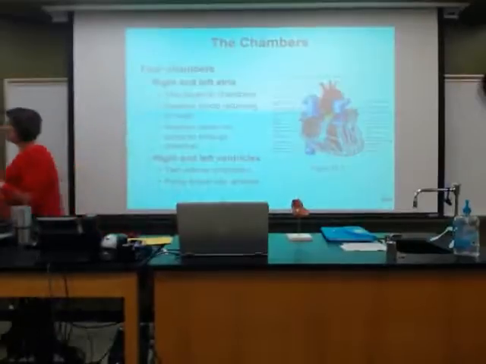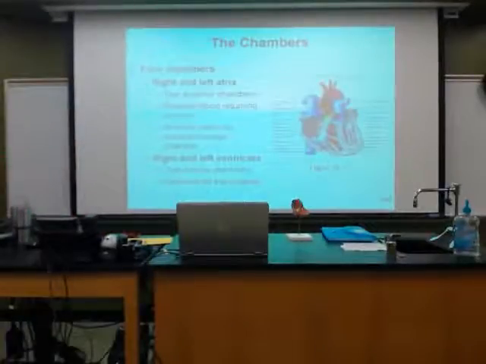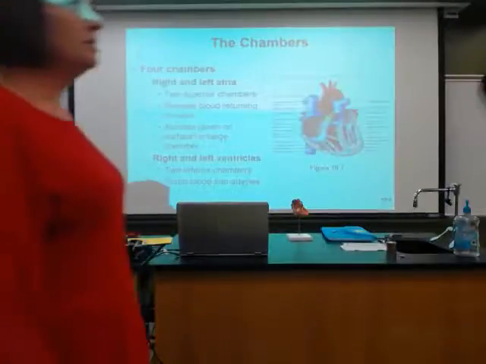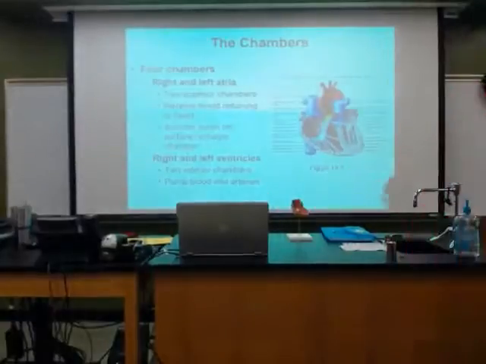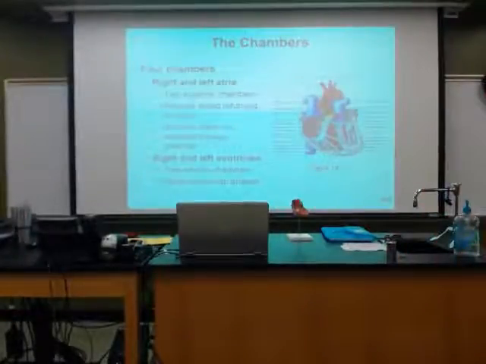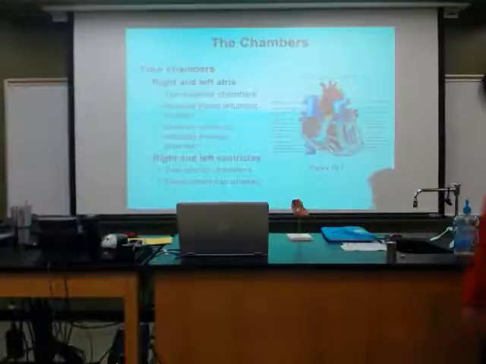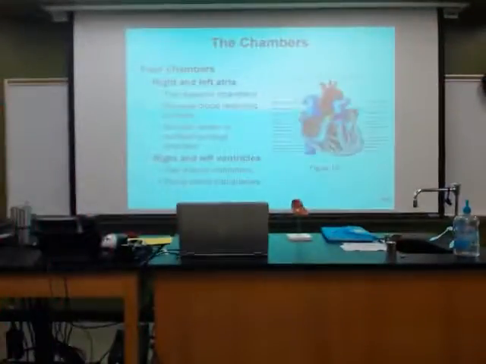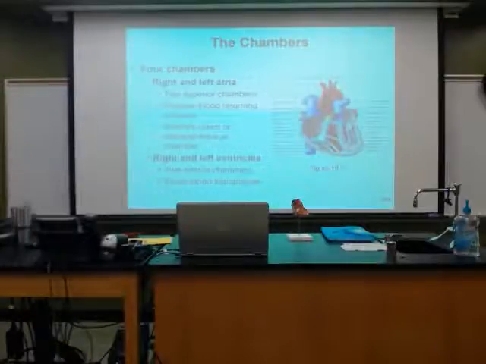When we begin to look at the structure, like I said, please do not leave my class and say there is anything other than 2 atria and 2 ventricles. And trust me, I ask the people in the programs. Now, these are our chambers. We've got the right, we've got the left.